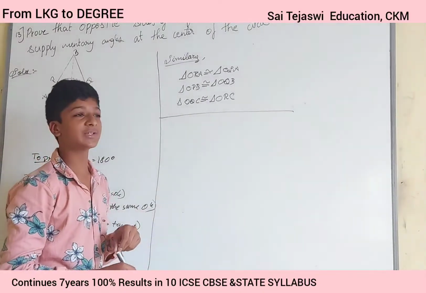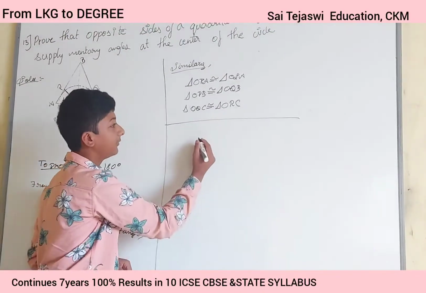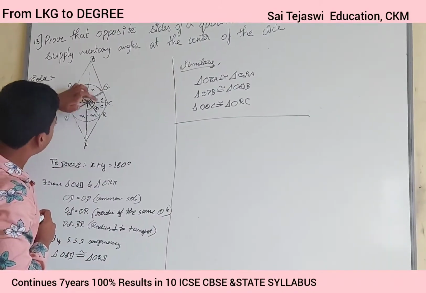Now by CPCT, corresponding parts of congruent triangles, the corresponding angles are equal. There are totally 8 angles.